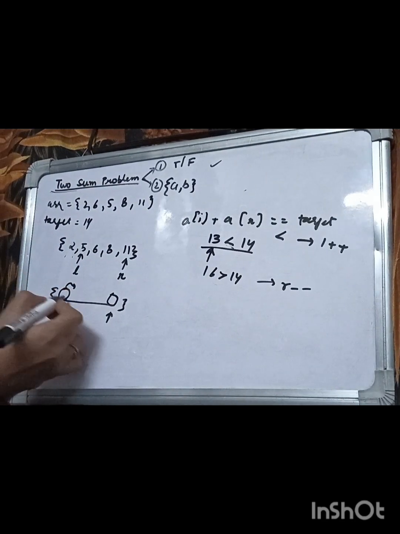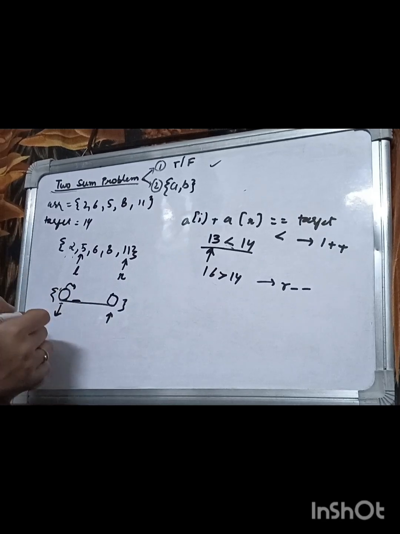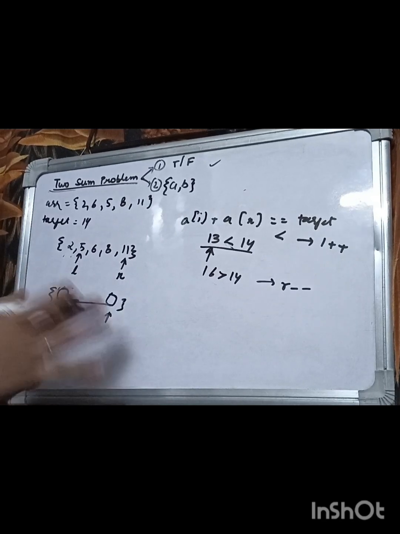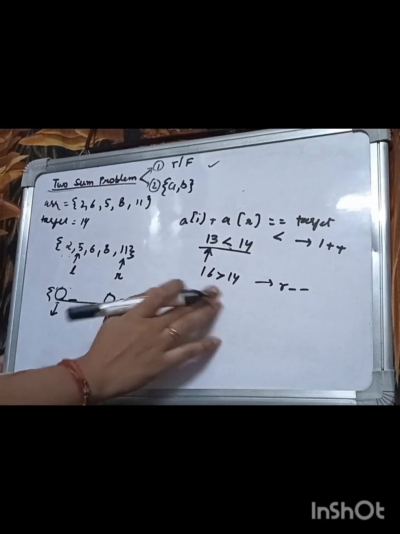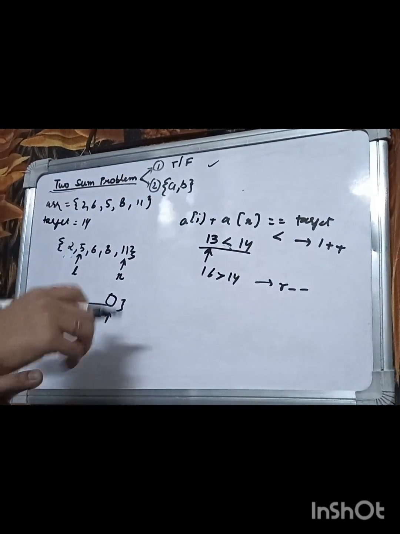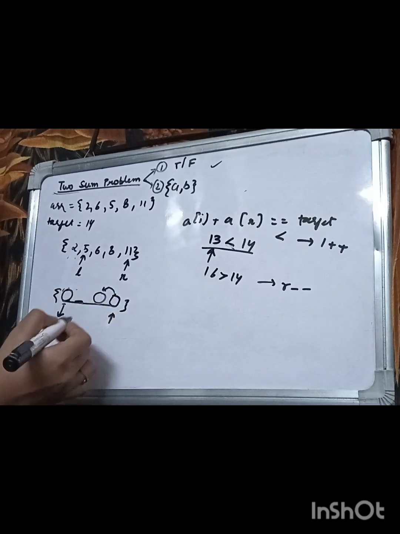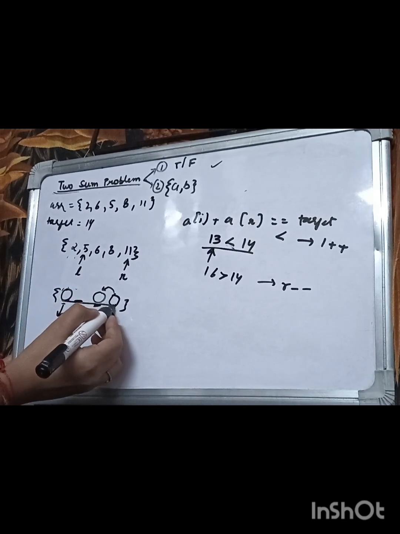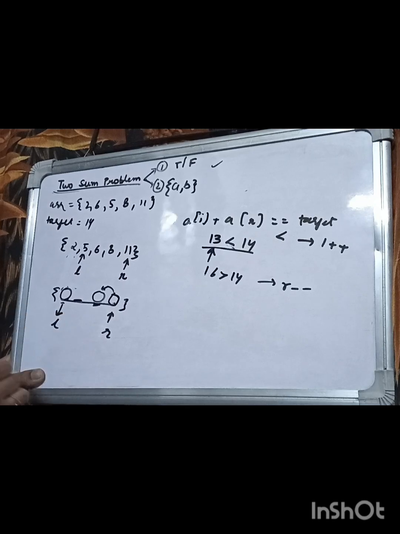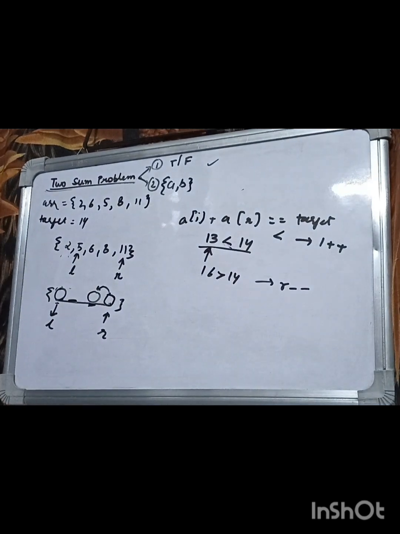If I go here, because here is a greater value, so I will do L plus plus. But what if my sum is greater than the target? Then I have to decrease the sum. I have to move r minus minus, because here the value is less than this value. So this is the main intuition of this approach.